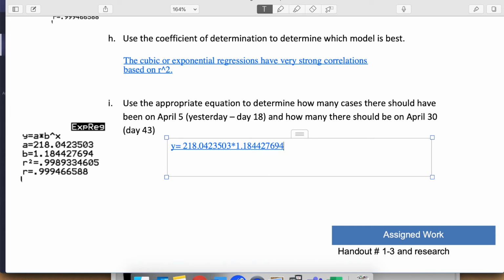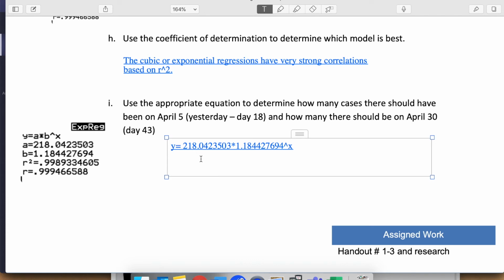There we go, and that's to the exponent x. What this base represents, if you remember from your other math classes, is that the number of cases is increasing about 18% per day on average. And that's what this is representing.